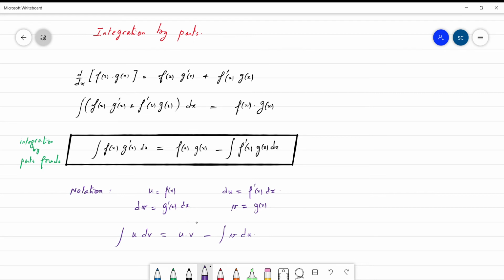This is the formula written differently, and most of the time this is the one we will use.